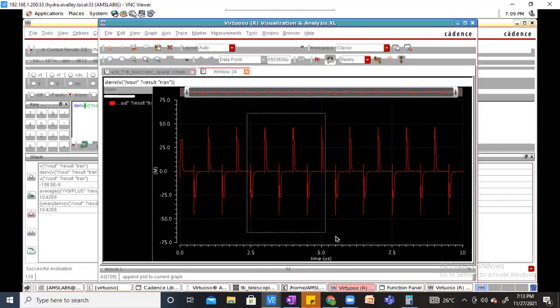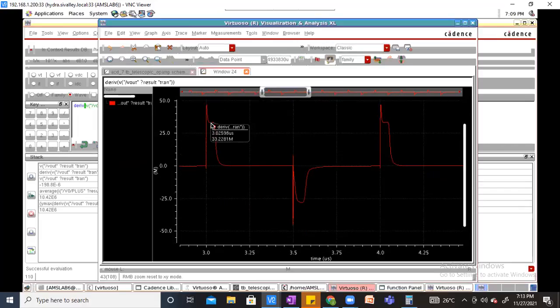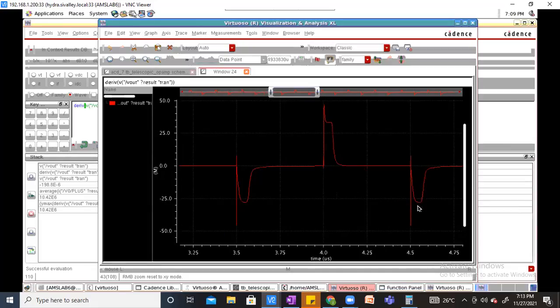If you consider that here, the positive slew rate is 33. Negative is 27. So basically we are getting an overall average of 30 volt per microsecond. It's very fast, man. It's really very fast.